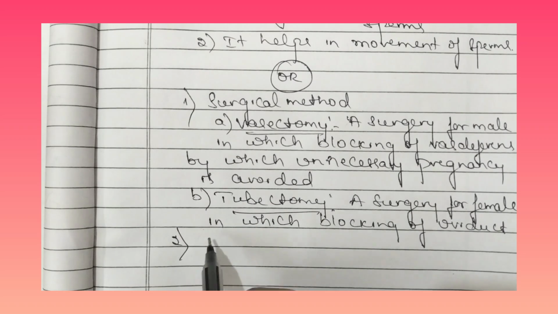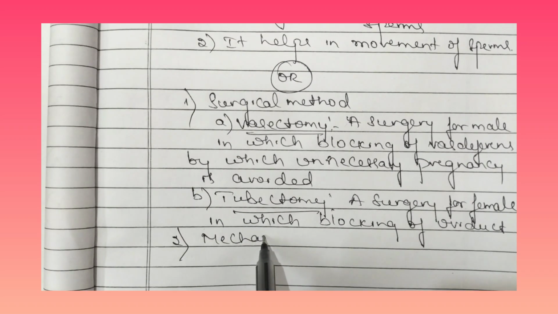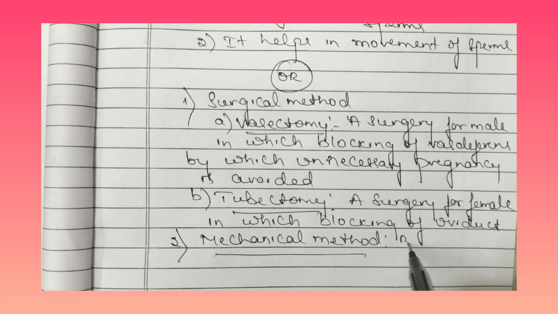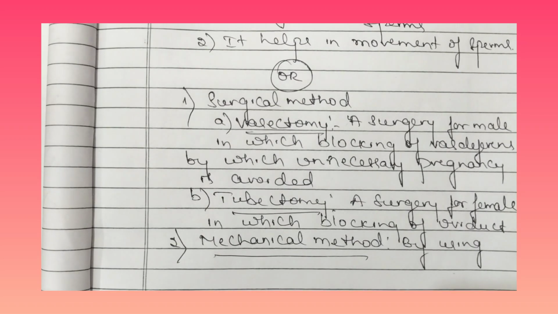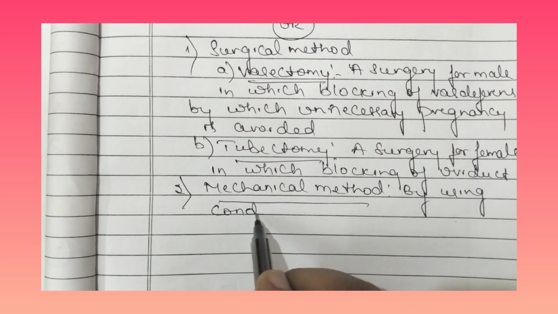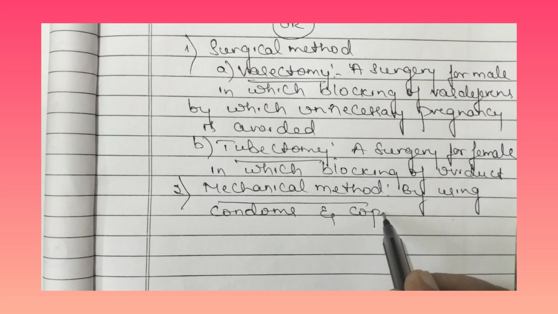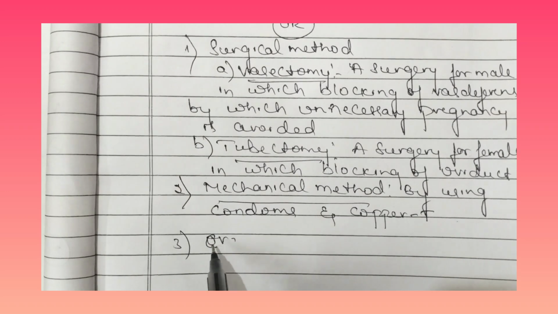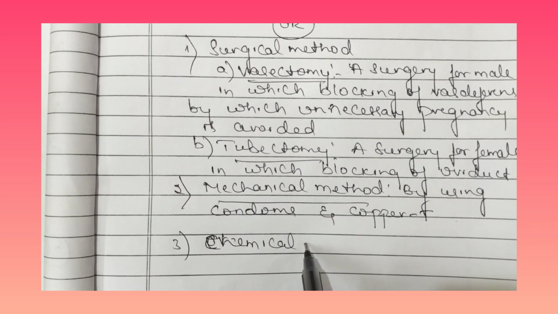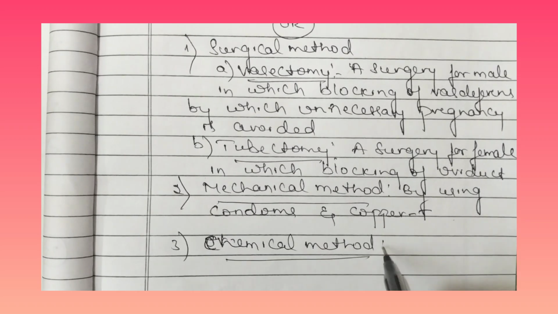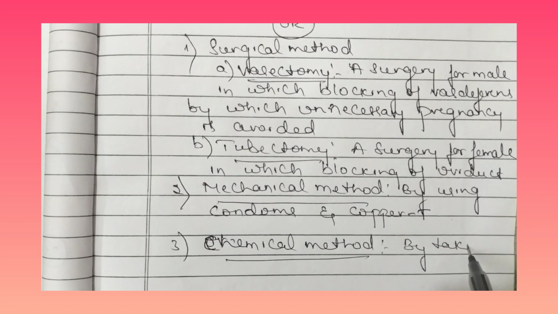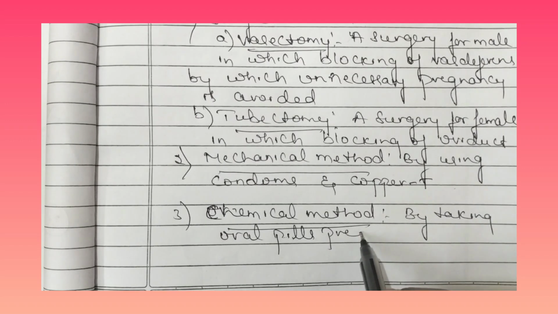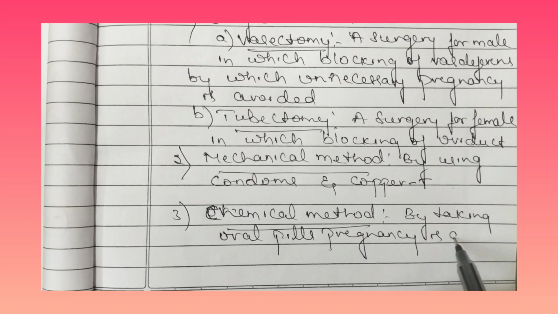Then the second method is called a mechanical method, by using condoms and copper T. Then the third method is called chemical method, by taking oral pills, pregnancy is avoided.